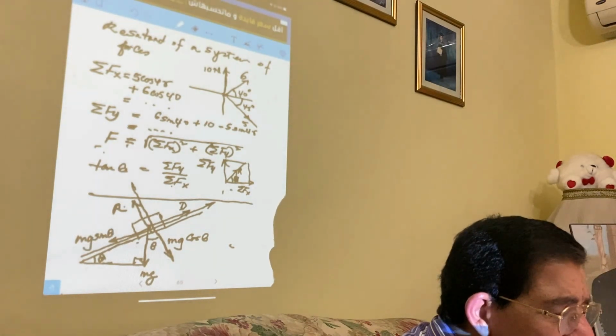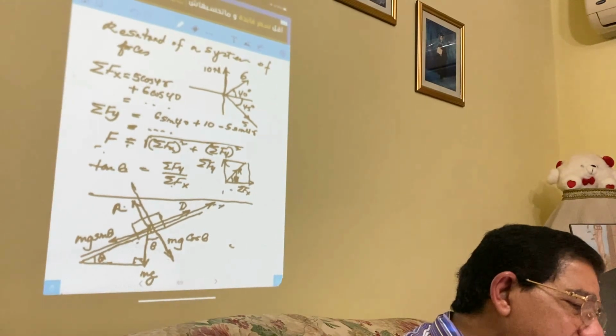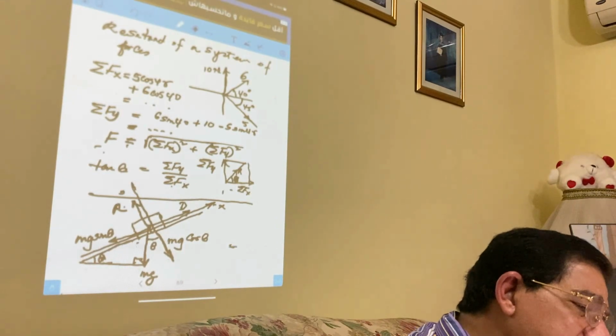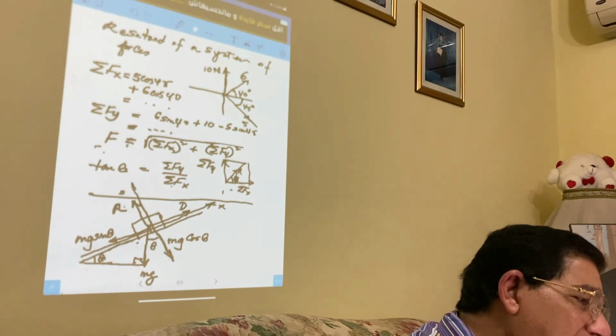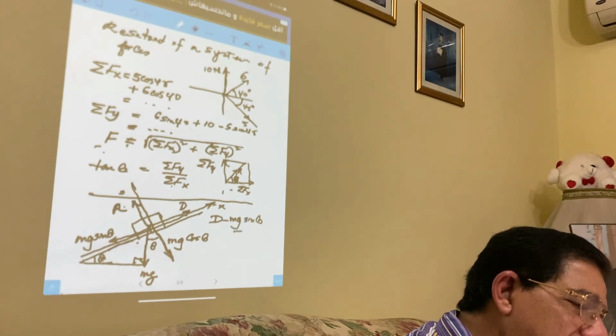Accordingly, now forces in the x direction: we have D minus mg sine theta equal ma.